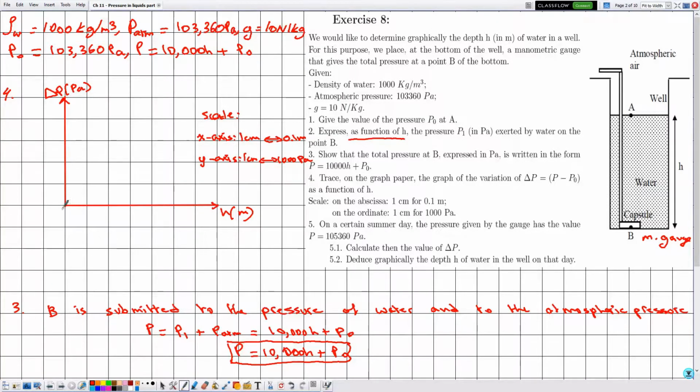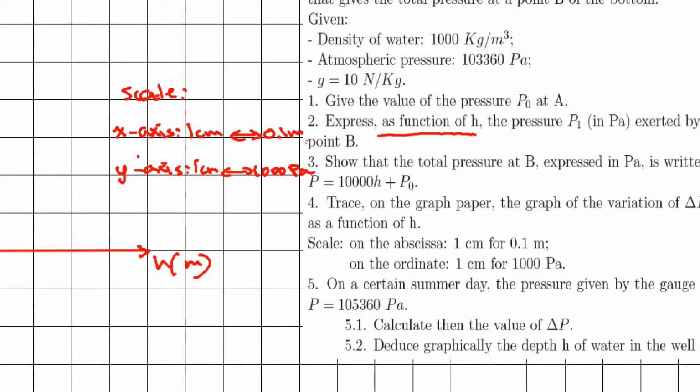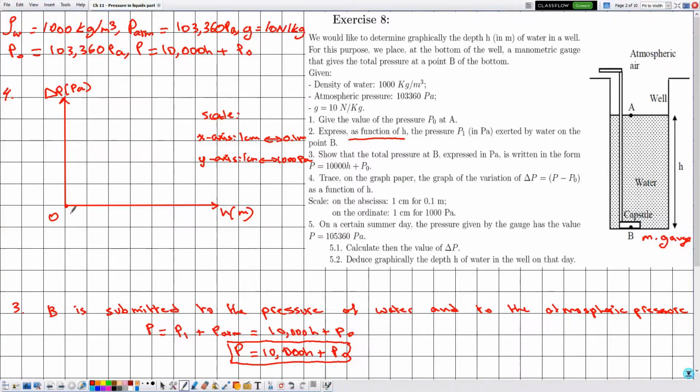And we always start by the origin. Now the next step is to divide these axes. So notice that in the x-axis they are telling me 1 centimeter, so we are considering this division on my graph paper to be 1 centimeter. So each 1 centimeter corresponds to 0.1 meters. So this is 0.1, 0.2, 0.3.